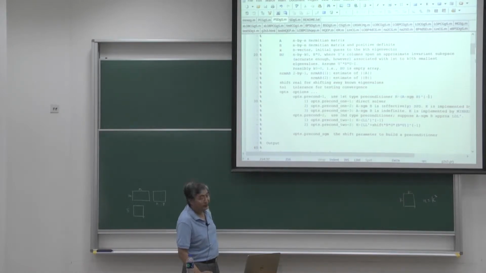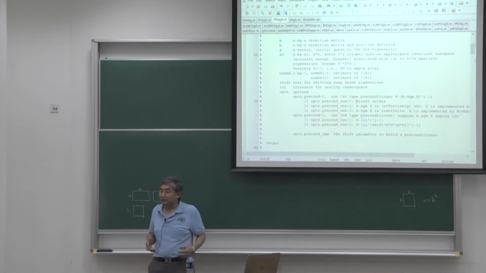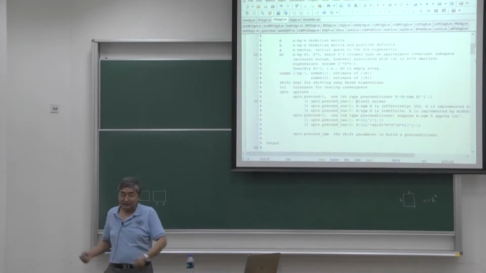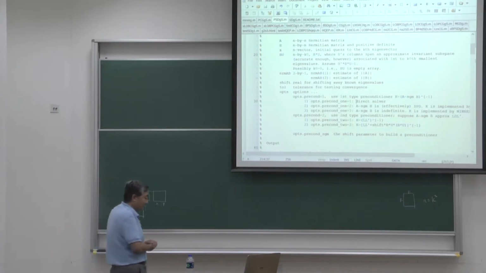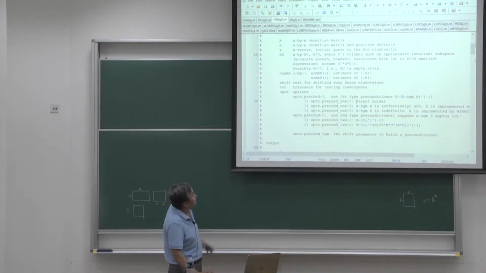How do we implement this shift preconditioner? Option one is the most natural one, by direct solver, which usually you don't do. We put it here just for comparison and to see how it works. In practice, you don't do that. You might do option 2, where the shift that I pick in the code that we just ran is smaller than the smallest eigenvalue.